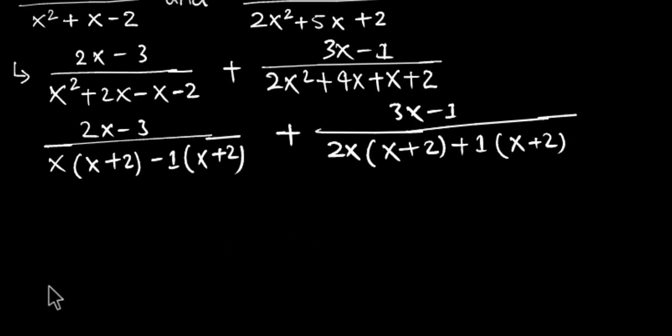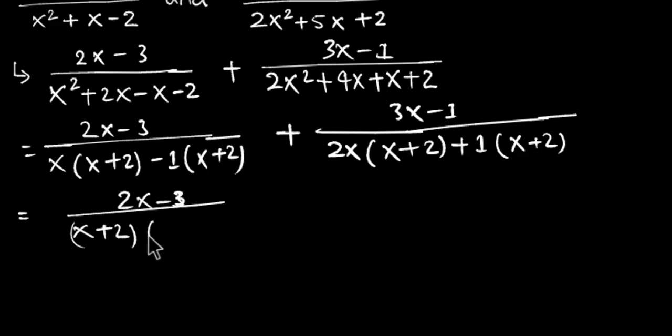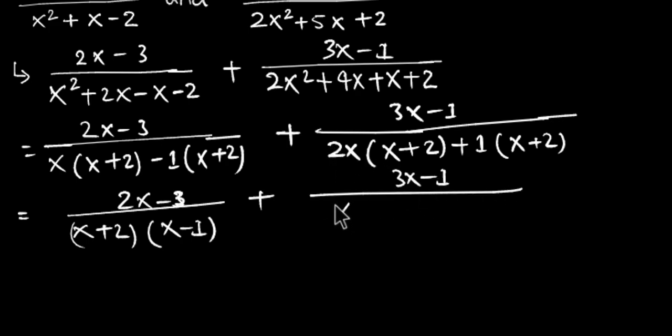Now what we can do, we can write (2x minus 3) upon, taking x plus 2 common from these two terms, (x plus 2)(x minus 1), plus (3x minus 1) divided by, taking x plus 2 common from these two terms, (x plus 2)(2x plus 1).